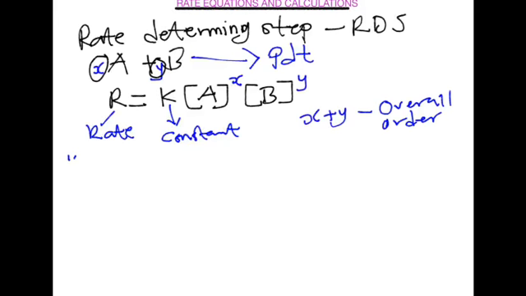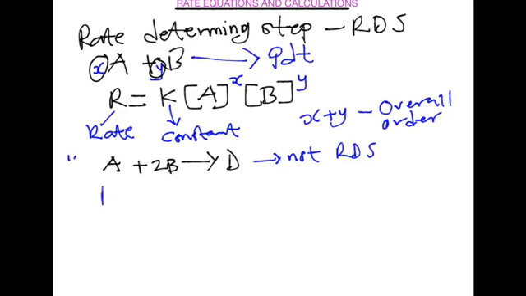So when we have an equation such as A plus 2B giving us a product D, and if they say this reaction is not an RDS, then we can't write the rate equation to be R equal to K, reactant A, and then B raised to the power 2.